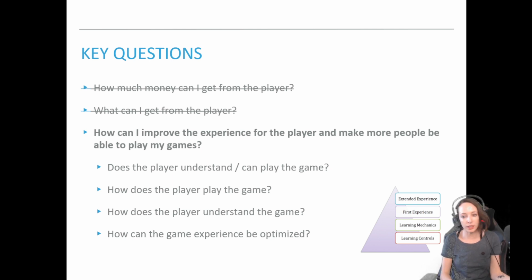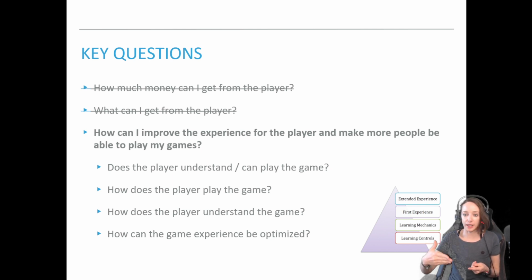And only after the player understood how to play the game, so first of all, what are the main controls? A for jumping, B for dashing, for instance. And then the mechanics: I need to get rid of the mushrooms by jumping on their heads. I could also dash them.